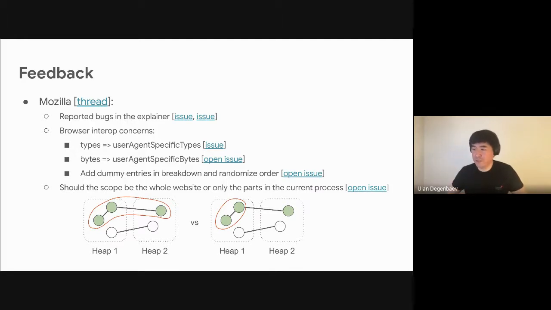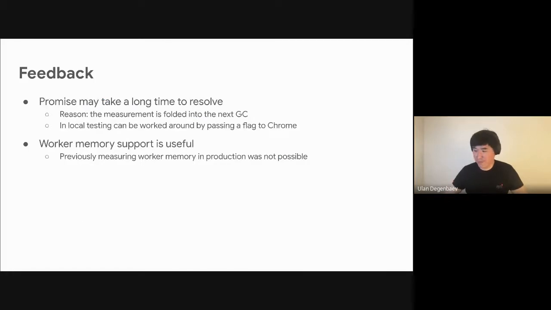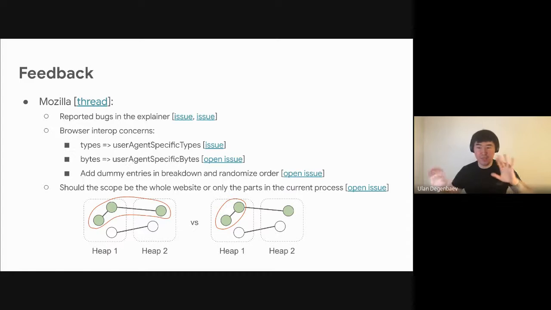Based on their suggestion, we renamed the memory types. Initially, we had them as simply types. Now they are called user agent specific types. There is one open issue whether we want to rename bytes into user agent specific bytes. I'm curious to learn what this forum thinks about that.